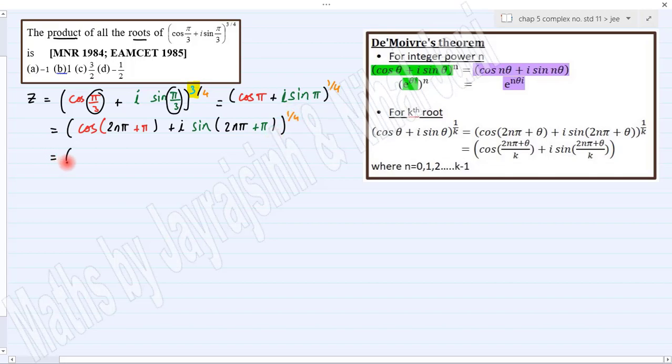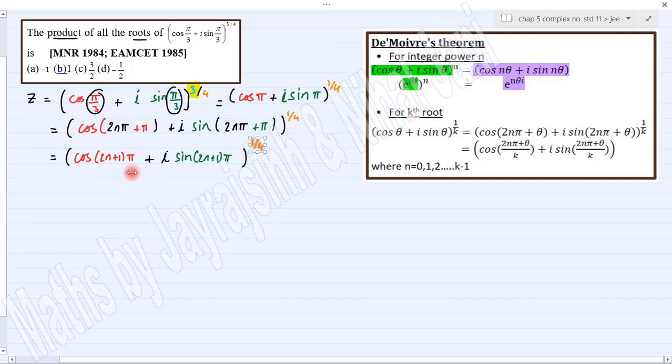Or we can say we will get cos of 2n plus 1, and pi will be common, plus i times sin 2n plus 1 into pi, whole raised to 1 by 4.